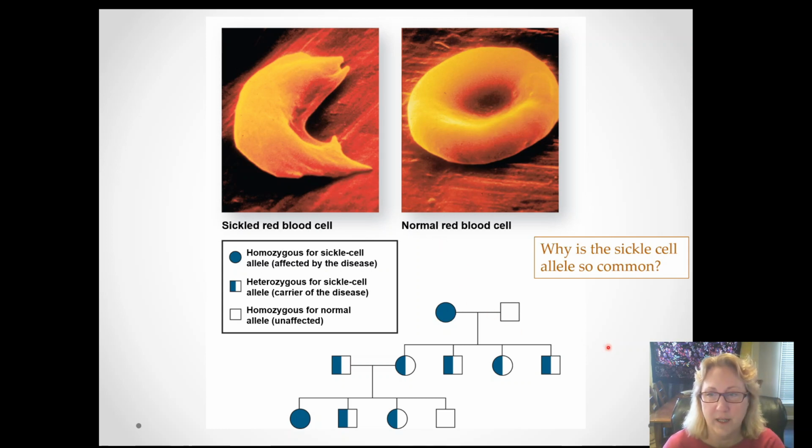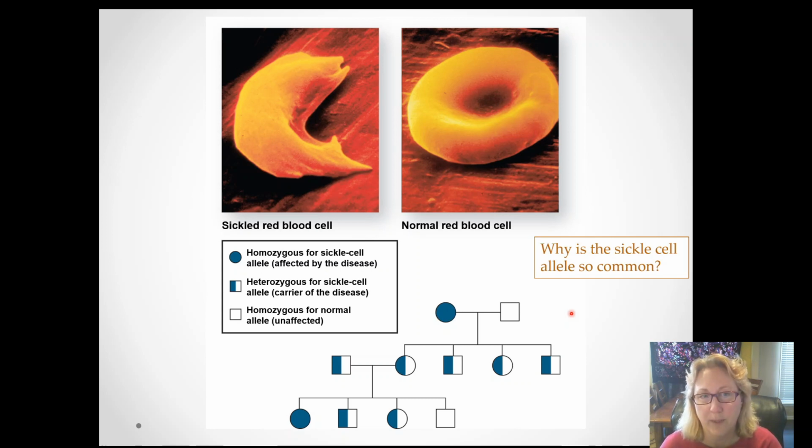So in sickle cell, individuals have a single nucleotide change in the beta globin gene. And beta globin is one of 2 globins that form hemoglobin, which has alpha globin and beta globin. And this one change turns a hydrophilic amino acid side chain into a hydrophobic one.